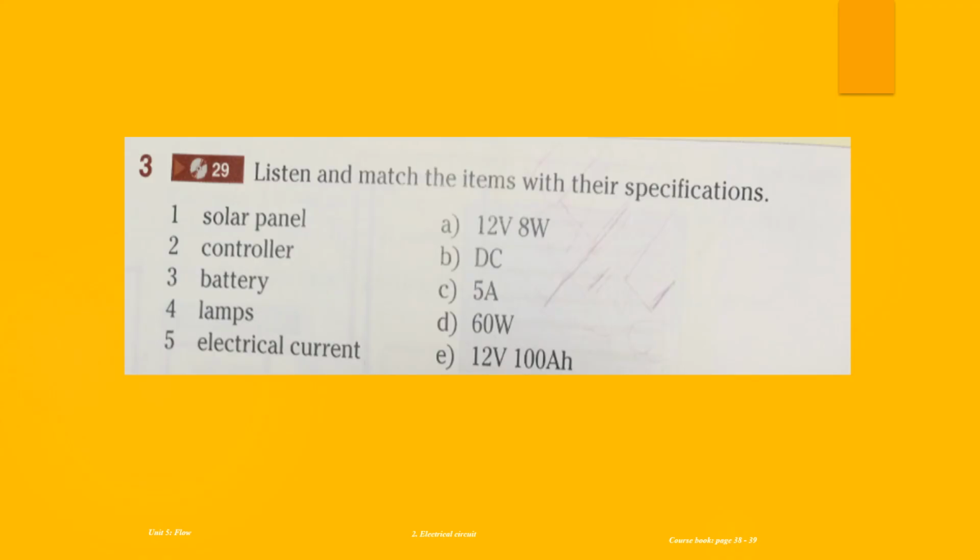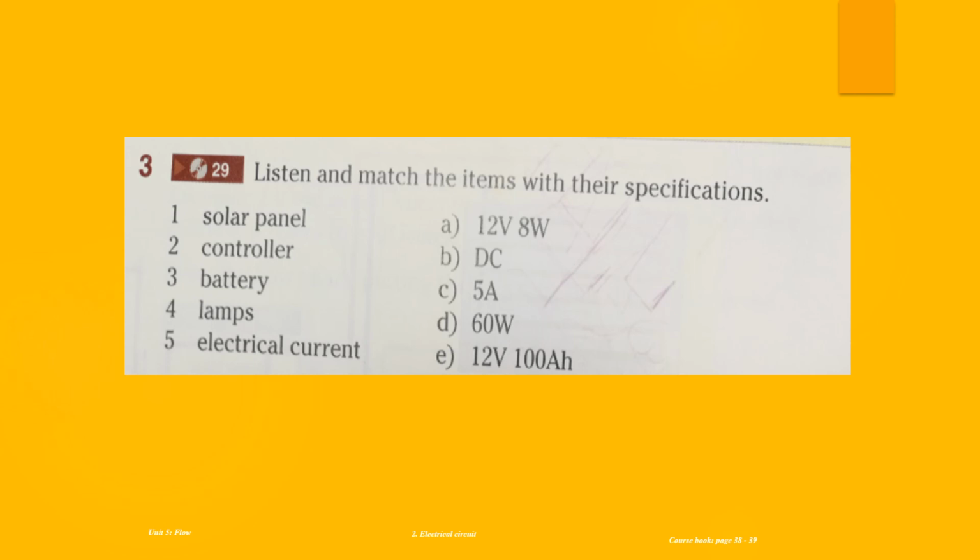Okay, now let's move to our second objective for today, which is listening for details. Here we need to listen and match the items with their specifications. The items on the left are solar panel, controller, battery, lamps, and electrical current.